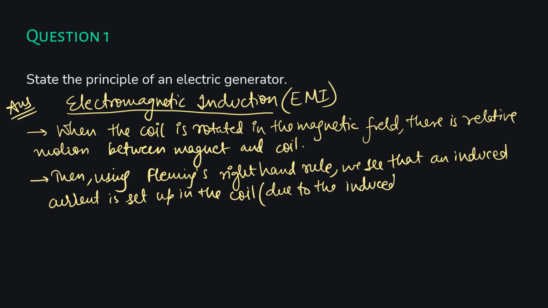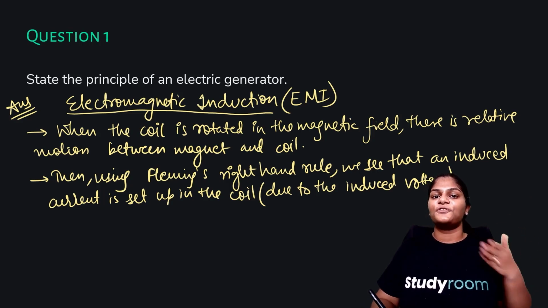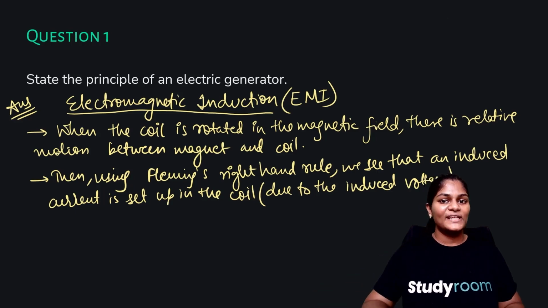So obviously current cannot flow before there is a potential difference or a voltage difference, right? So if there is an induced current, that is actually because first an induced potential difference was set up in that coil. Okay, let's move on to the next question now.